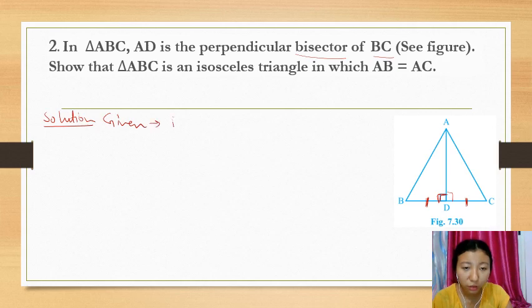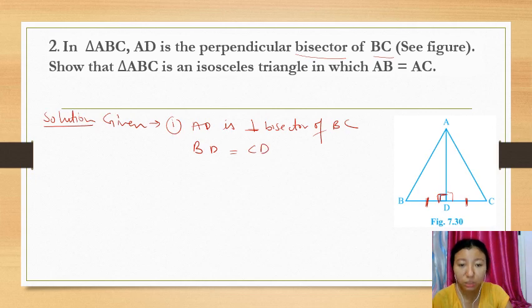AD is the perpendicular bisector of BC, which means BD is equal to CD.